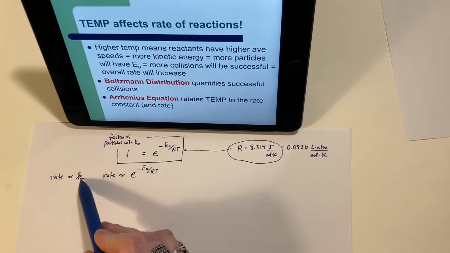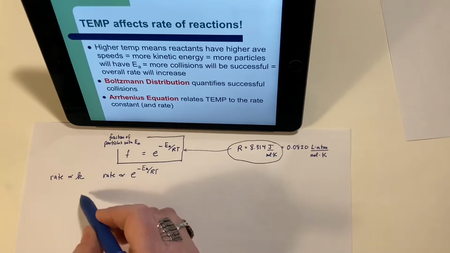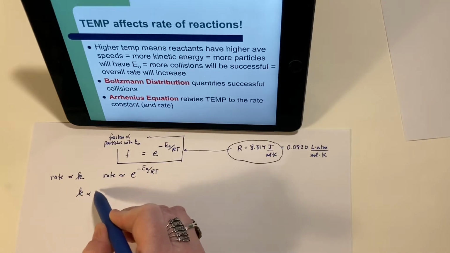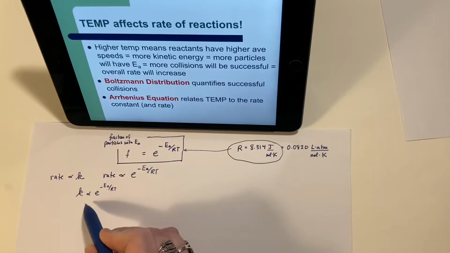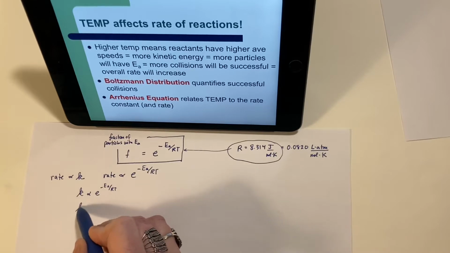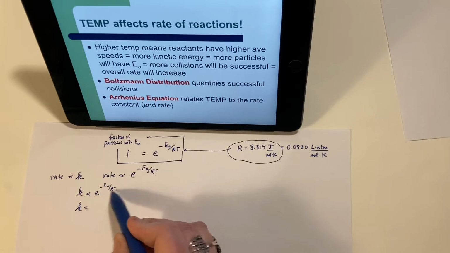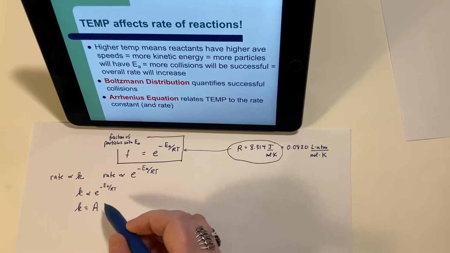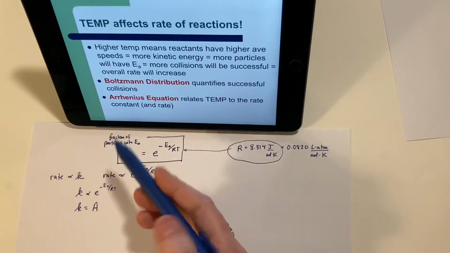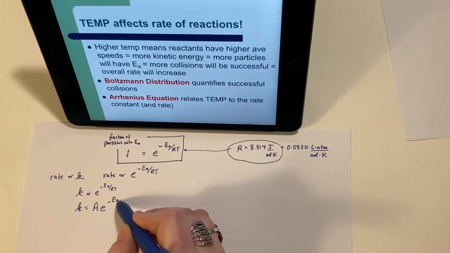Okay, so if rate is proportional to k and rate is proportional to that, well, it looks like k is proportional to e to the negative E_a over RT, right? So let's turn that into an equation. k is equal to some proportionality constant times this Boltzmann function. Let's name the proportionality constant capital A after Arrhenius. Isn't that nice? e to the negative E_a over RT.